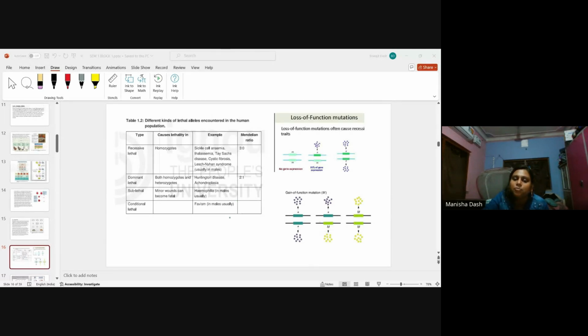Even if one copy is mutated or both copies are mutated, you can still observe the mutant effect. That is why these characters appear dominant in nature. So a gain of function mutation results in a dominant character, and a loss of function mutation results in a recessive character.